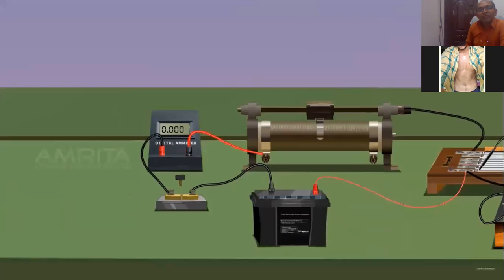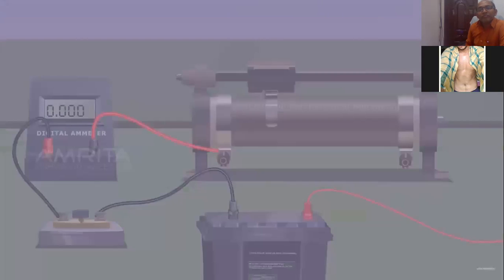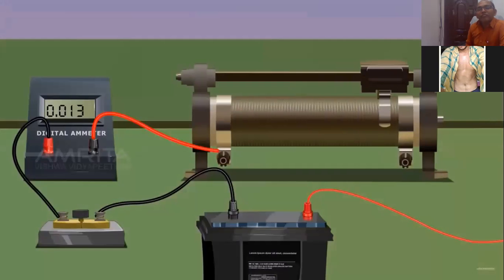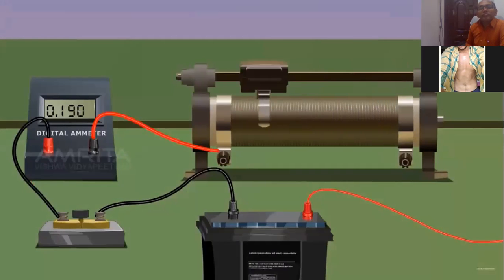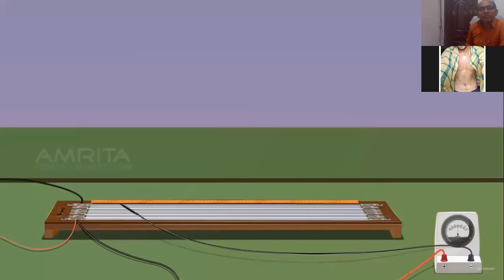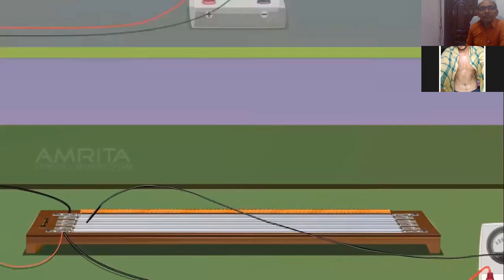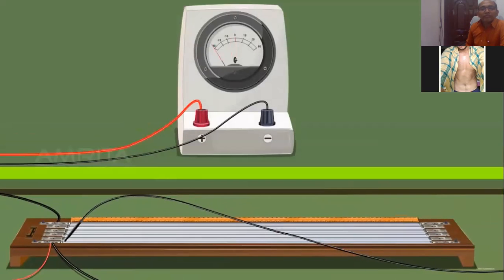Insert the one-way key K1. Adjust the rheostat and note the ammeter reading. To check whether the connections are correct or not, place the jockey at the two end points of the wire. If the galvanometer shows opposite deflections, the connections are correct.